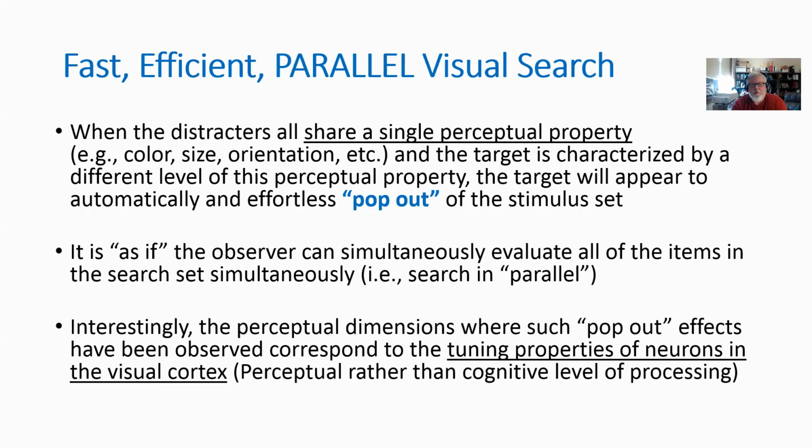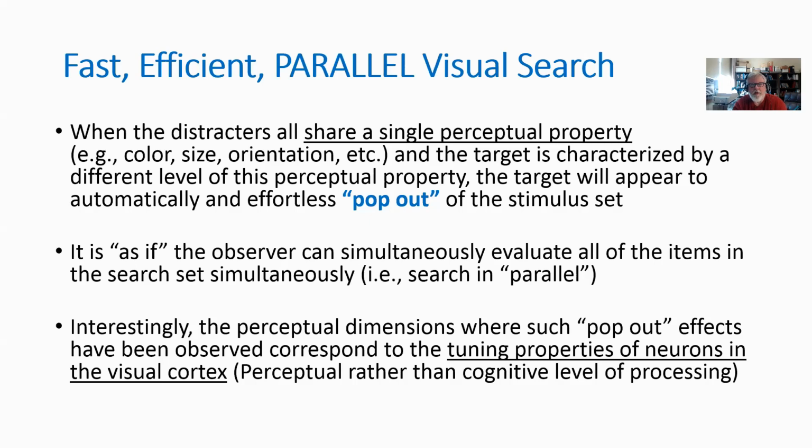And it's as if one is processing all the stimuli simultaneously. And that's why it's called parallel search. Interestingly, the perceptual dimensions where such pop out occurs tend to be the same dimensions that the cells in the visual cortex are specialized to process.